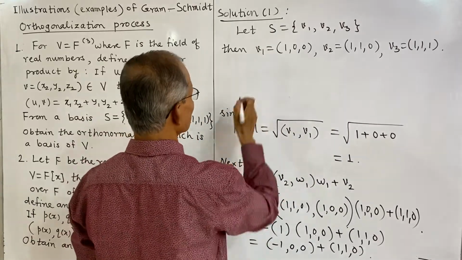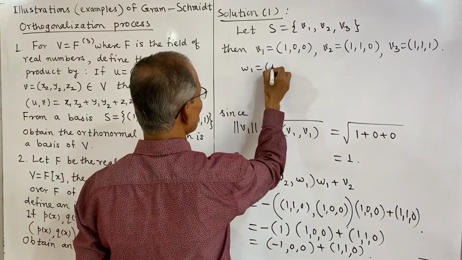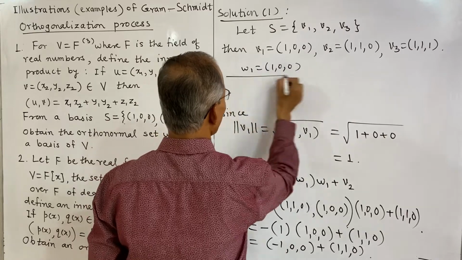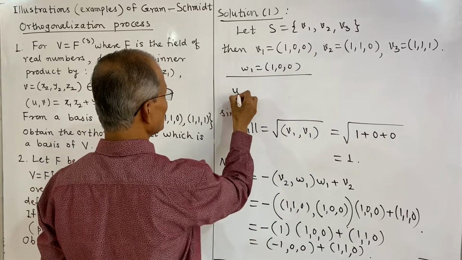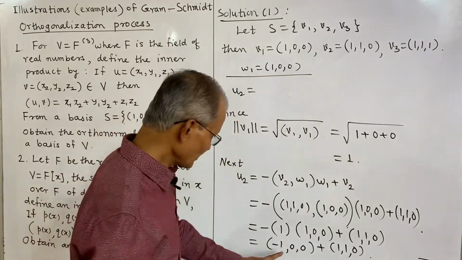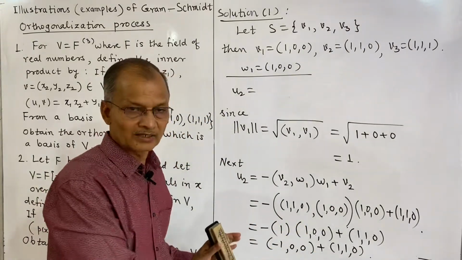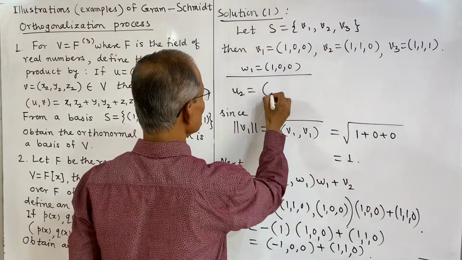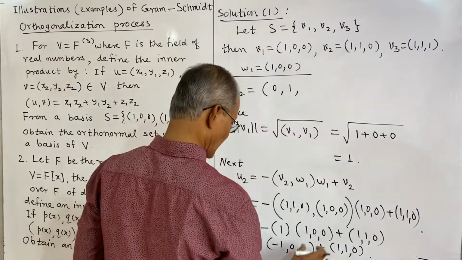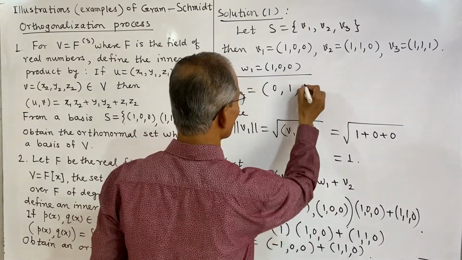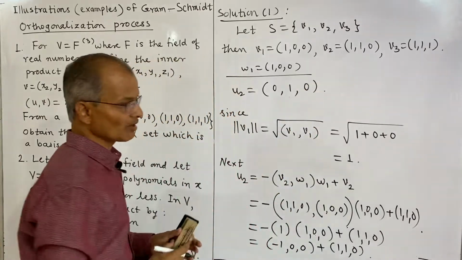I shall write it here. W1 is same as this one, and now U2 we have minus 1 plus 1 is 0, 0 plus 1 is 1, component wise addition. So that is 0, 1 and 0. So this is U2 which is a non-zero vector.